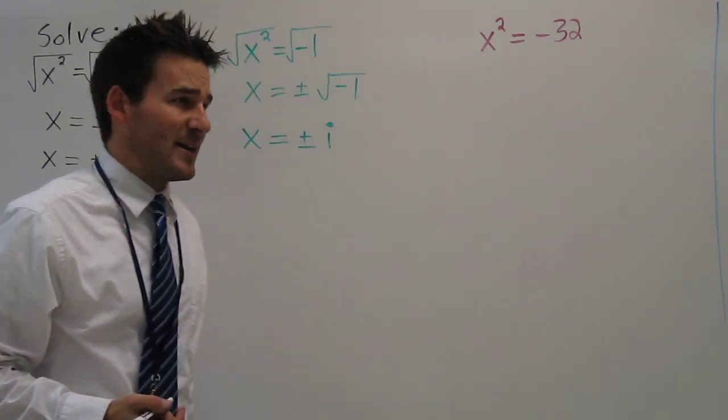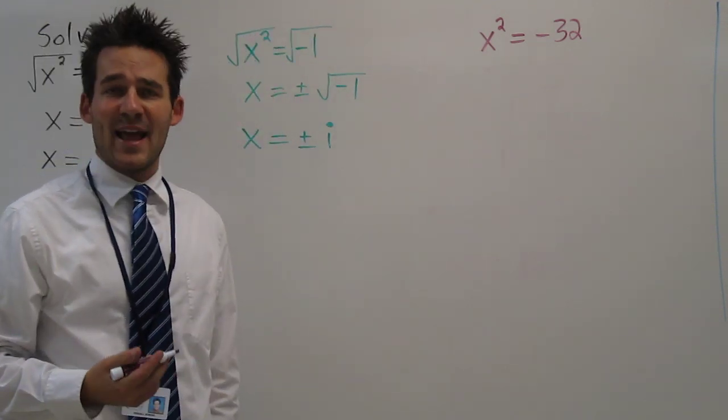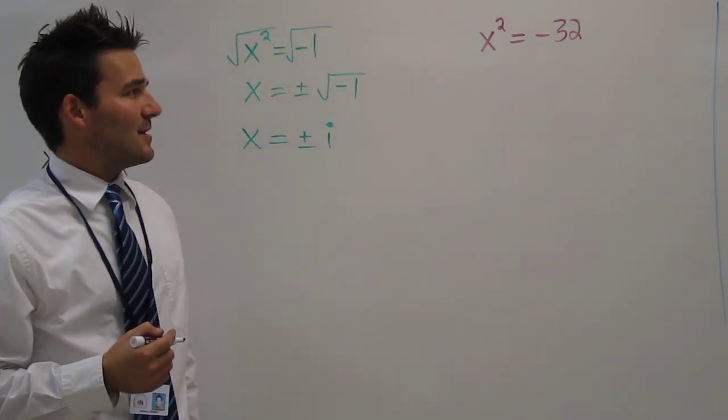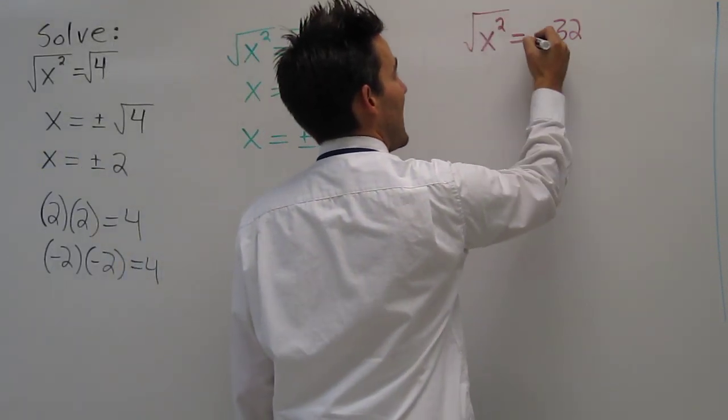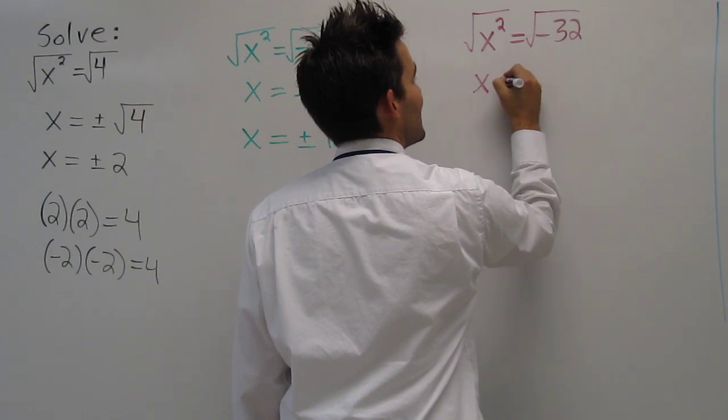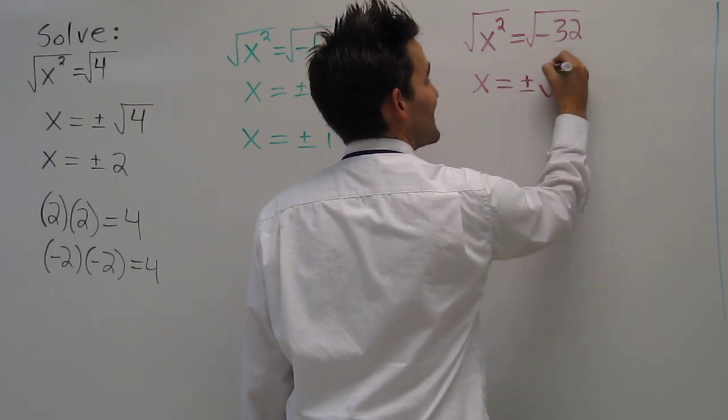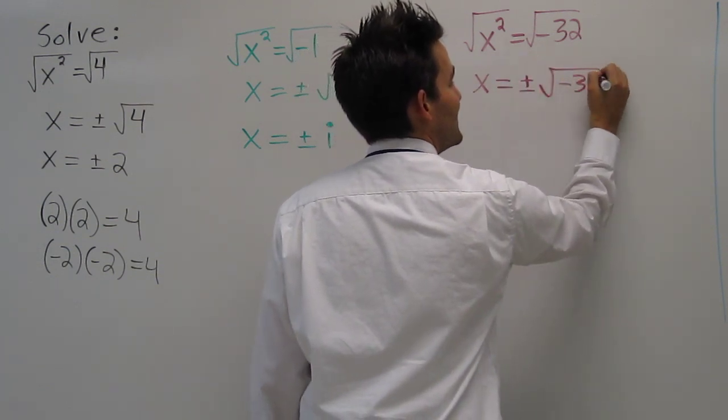In this problem, we're trying to solve x squared equals negative 32. We'll start just like the others by taking the square root of each side, and we get x equals plus or minus the square root of negative 32.